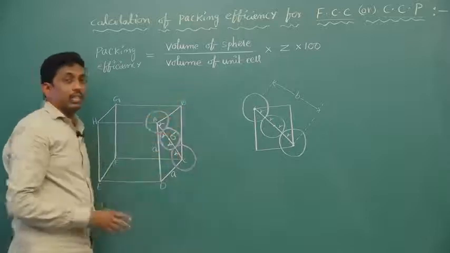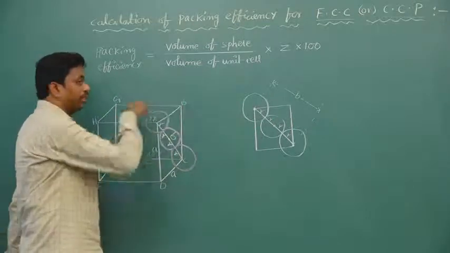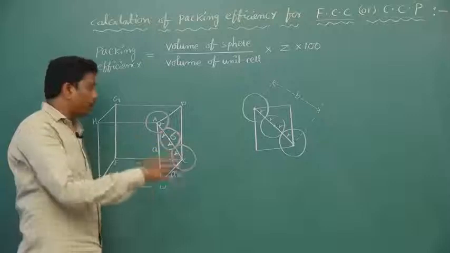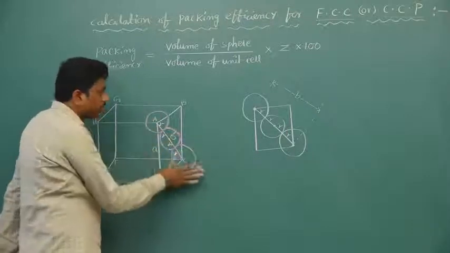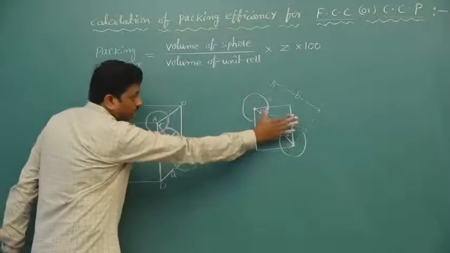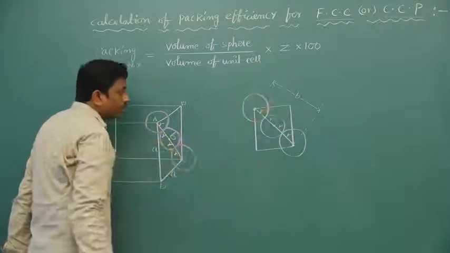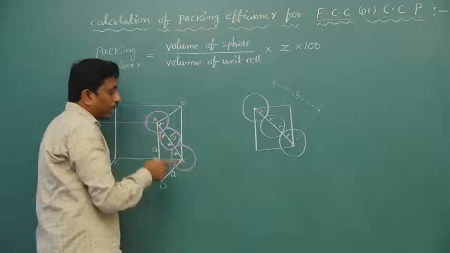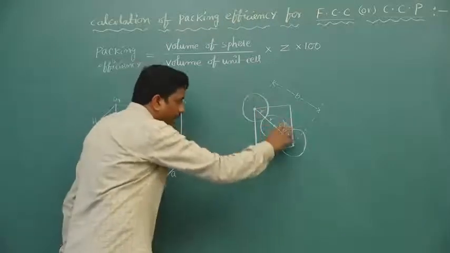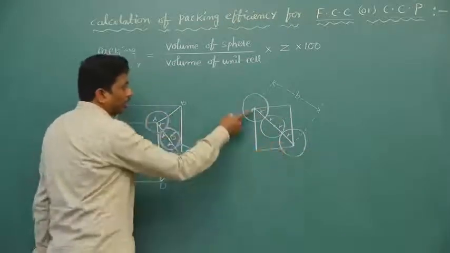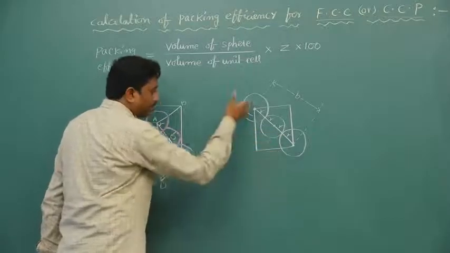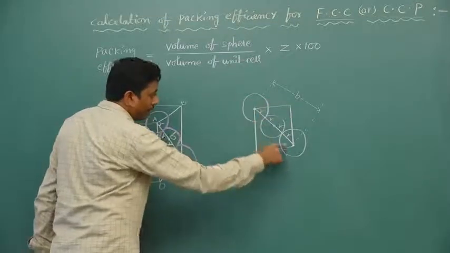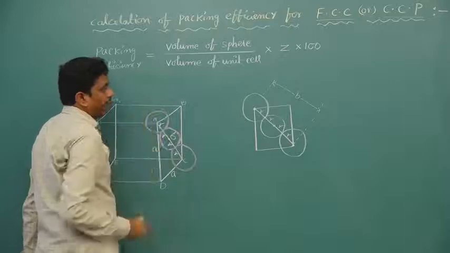In FCC, where are particles present? Corners and face centers. For simplification purpose, I considered one face. See, one face. This face again I expressed here. Observe. I said in FCC particles are in contact along the face diagonal. See, this is the face diagonal.